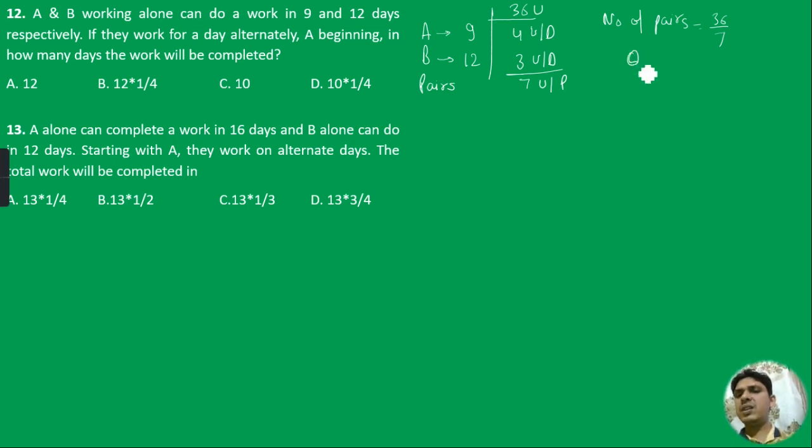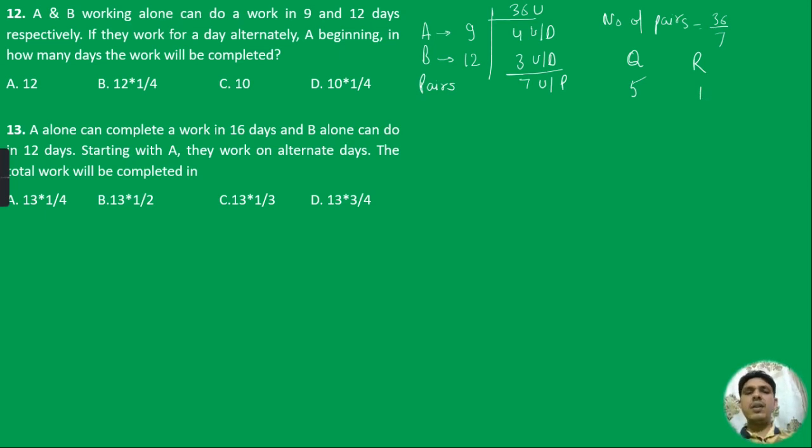One thing will be the quotient and the second thing will be the remainder. This 36 divided by 7 will be 5, and the remainder will be 1.